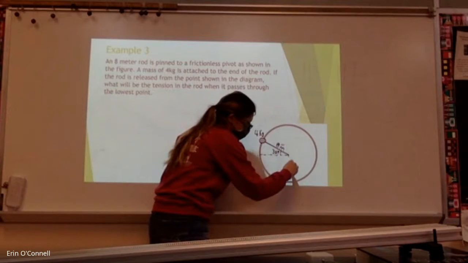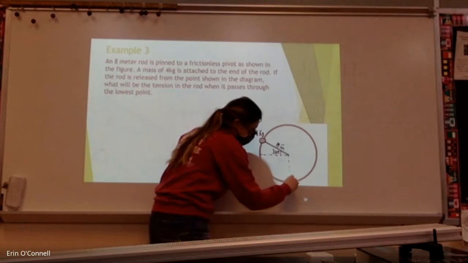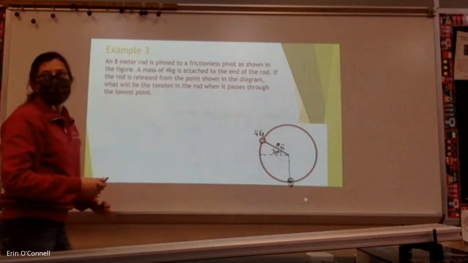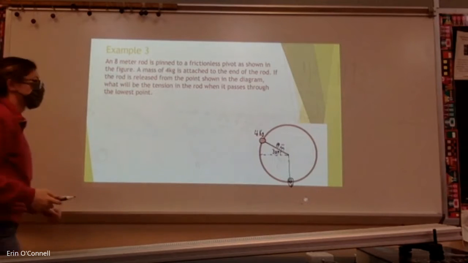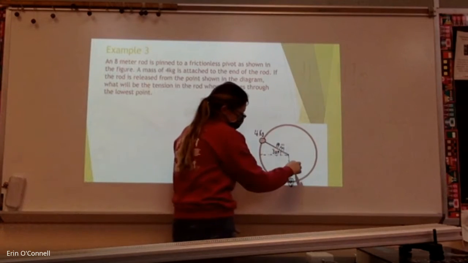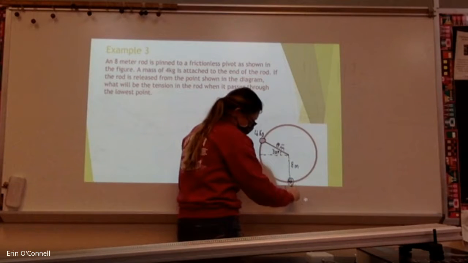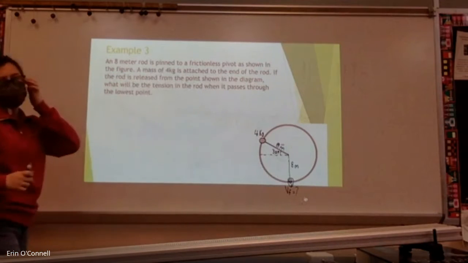So at the bottom of this path, this length here will still be 8 meters. We want to figure out the velocity of the object at that position.